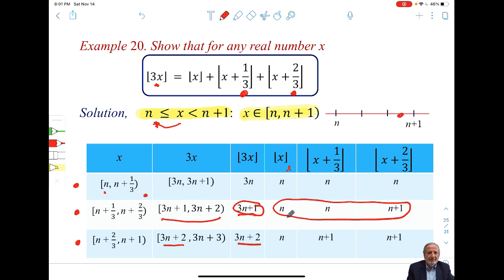Now, x is here. Floor function of x is n. Now I'm adding 1/3. I'm outside now. The floor function is n plus 1. Adding 2/3, I'm again in the second interval here. And the floor function is n plus 1. Now you add n plus 1 plus n plus 1 plus n. You get 3n plus 2, which is equal to this.